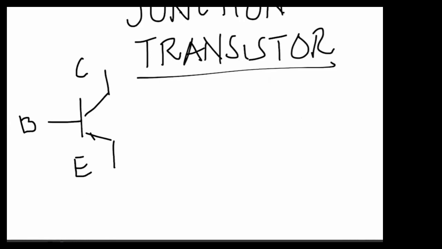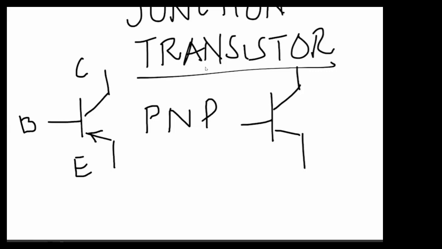If the arrow is towards the base, this means this is the PNP transistor, and if we have a symbol something like this, and the arrow is towards the emitter, something similar like this, base, emitter, and collector, then it will be an NPN transistor, right?